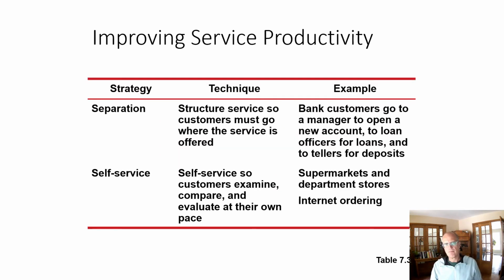So we've talked about some of the challenges of service provision and what some of the issues we might run into are. How can we build sort of provisions into our service blueprint and our service provision that allow us to improve the productivity of that service?